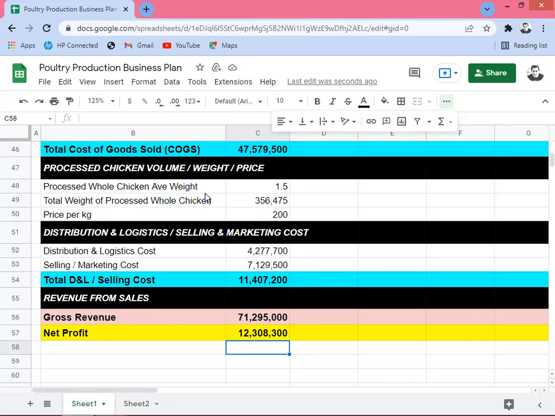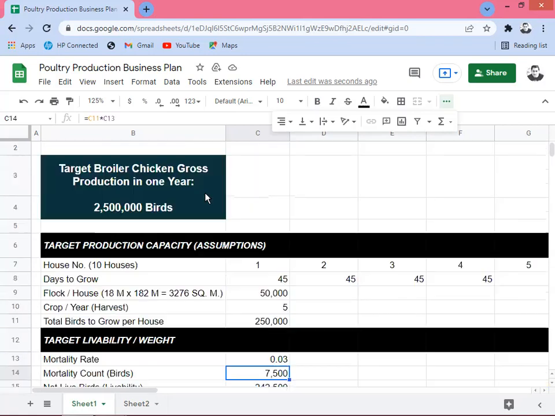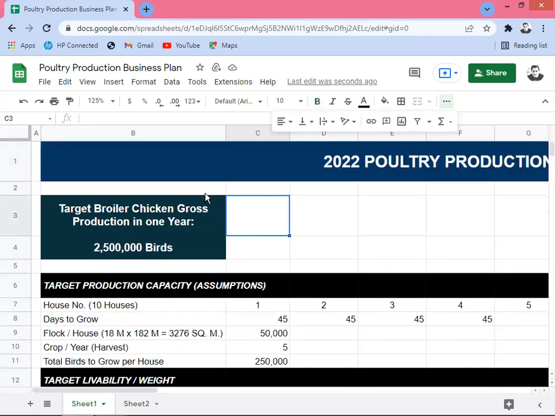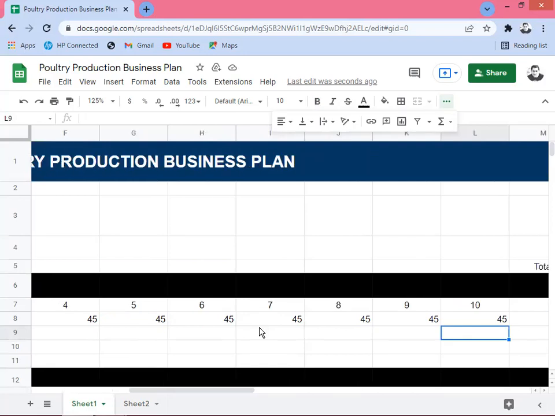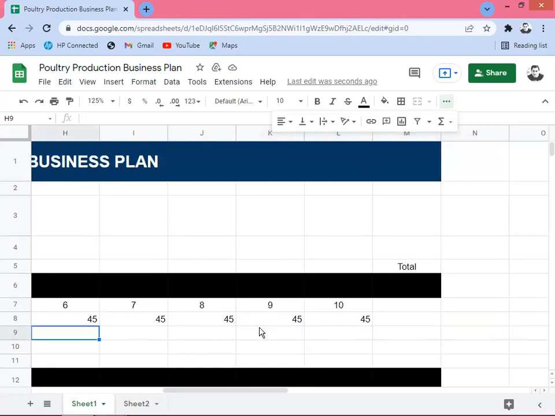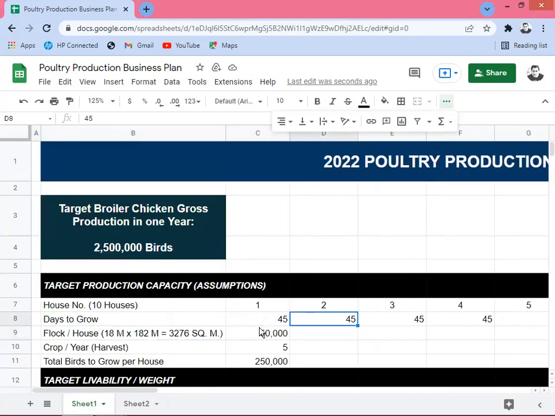Okay. So what we're going to do is let's just assume that house number 1, 2, 3, 4 up to 10 are the same operation. Okay, the same operation. We just copy this.